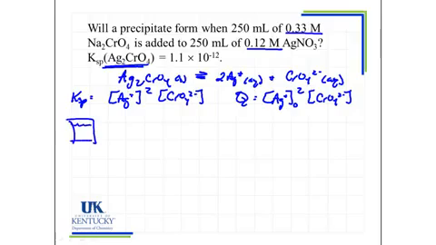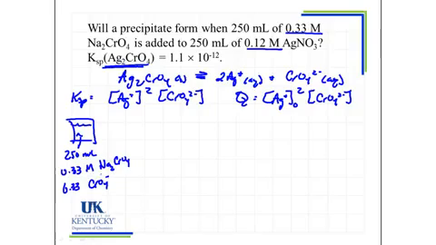We've got one beaker that has in it 250 milliliters of 0.33 molar Na2CrO4, sorry. In other words, since this dissociates, it has a 0.33 molar solution of the chromate ions in solution.